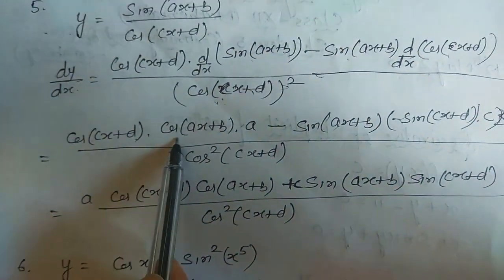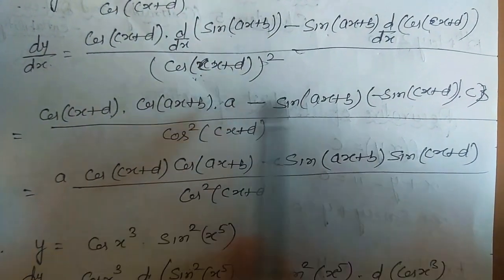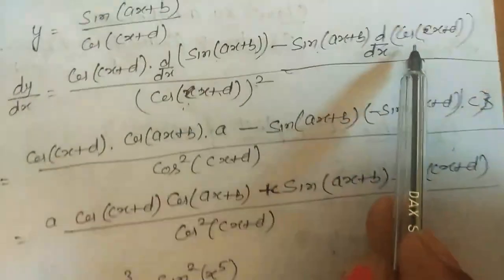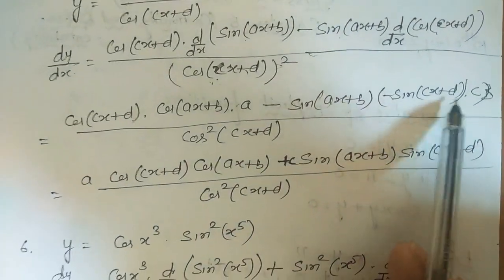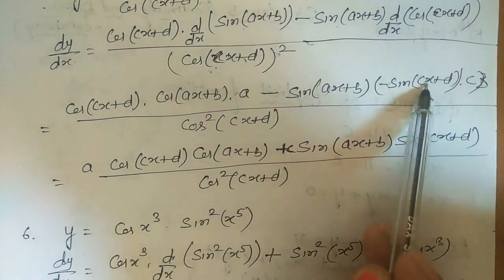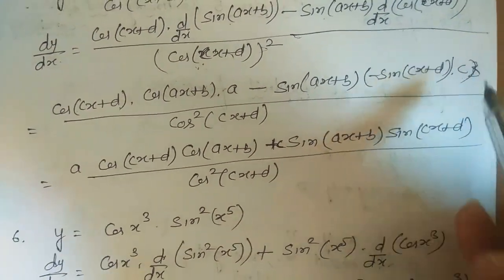So cos(cx + d) as it is. What is the derivative of the numerator? The derivative of sin is cos(ax + b) into the derivative of ax + b, which is a. Minus this as it is, and the derivative of cos(cx + d) will be minus sin(cx + d) into c, because the derivative of cx is c and d is 0. So I have taken the rest as it is.